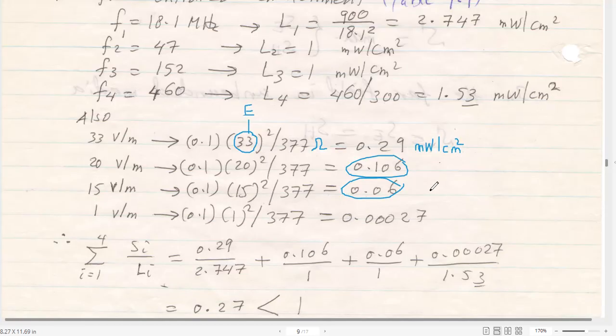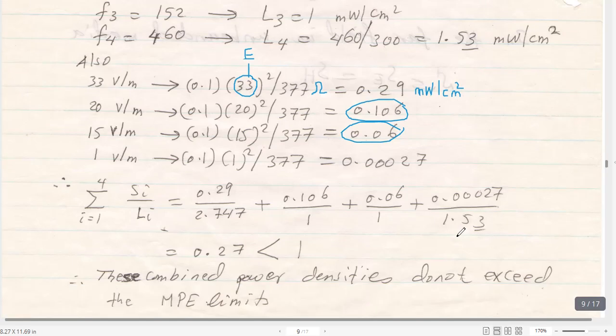The radiation here is 0.29 and the limit is 2.747. The radiation is 0.106 and the limit is 1, the radiation is 0.06 and the limit again is 1, and the final value is 0.00027 and the limit is 1.53.